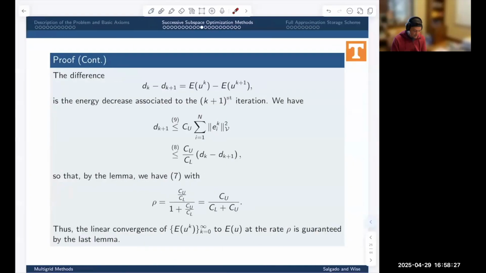Now we also have a lower bound on corrections, which says this is going to be less than that, with a factor of C_L in there.